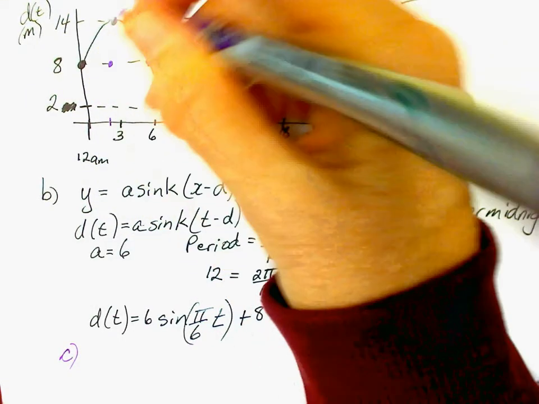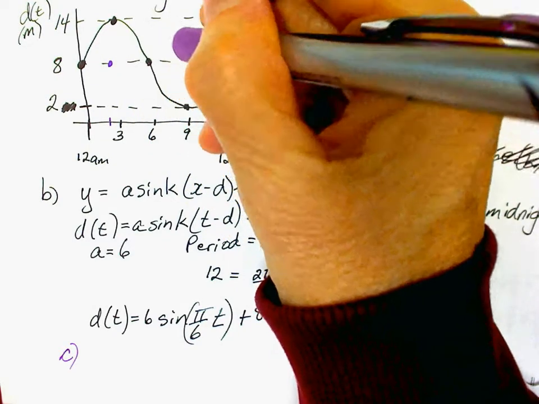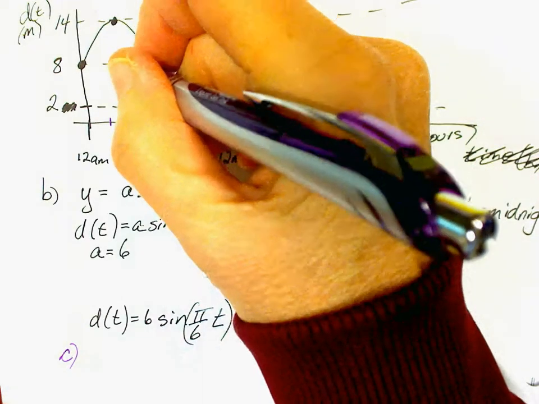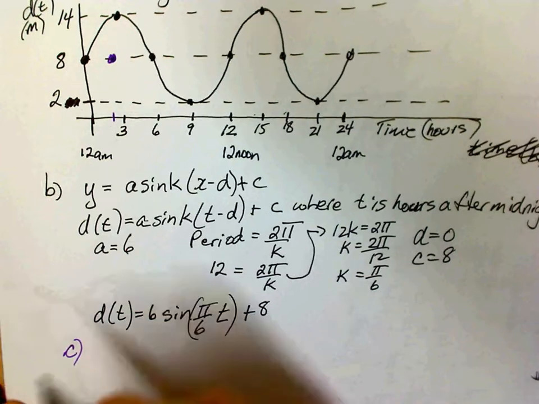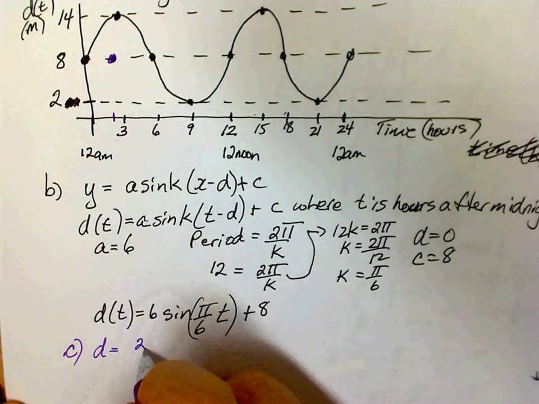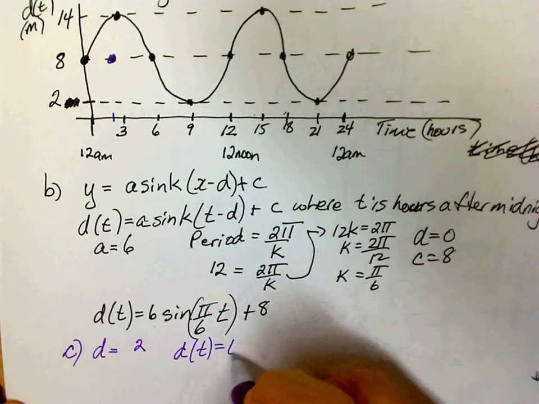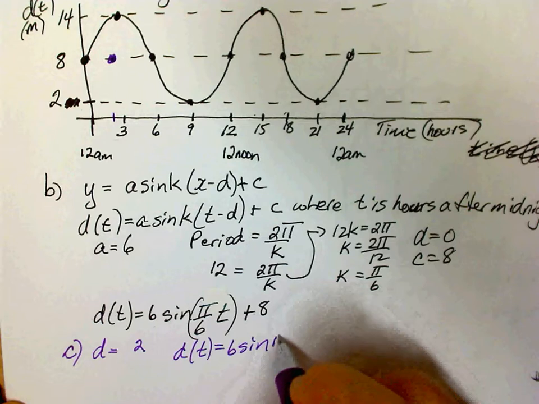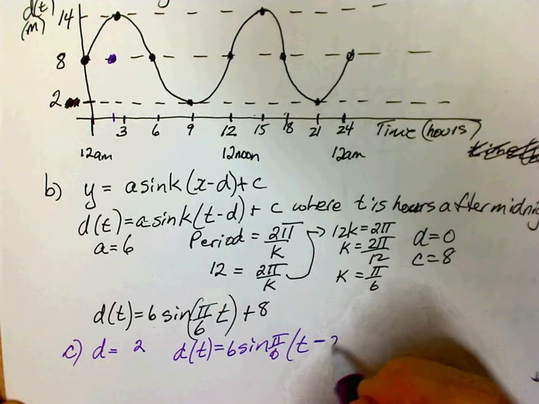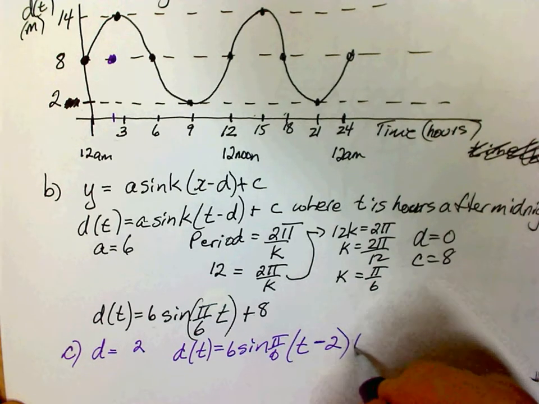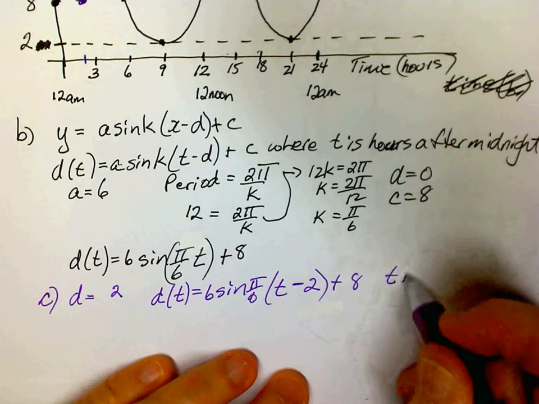And then at 5, it would be the next key point, right? If it's starting here, we have a phase shift. So it just means that D is equal to 2. So what we have here is D of T equals 6 sine pi by 6 T minus 2, because it's going to the right, plus 8. And T again is hours after midnight.